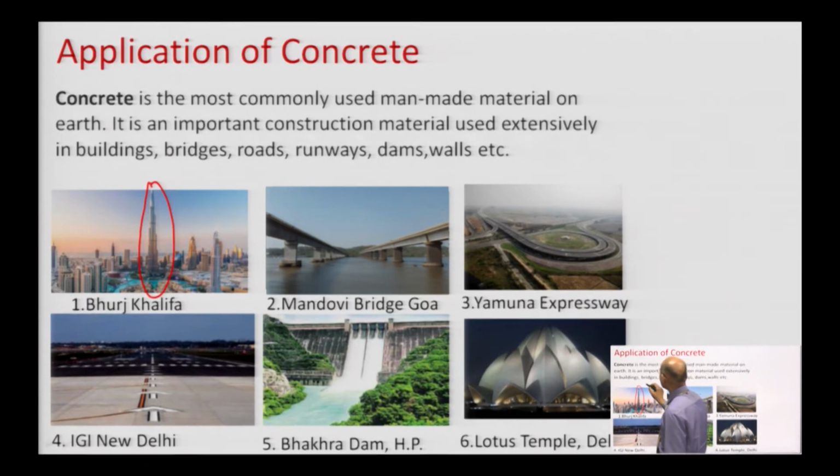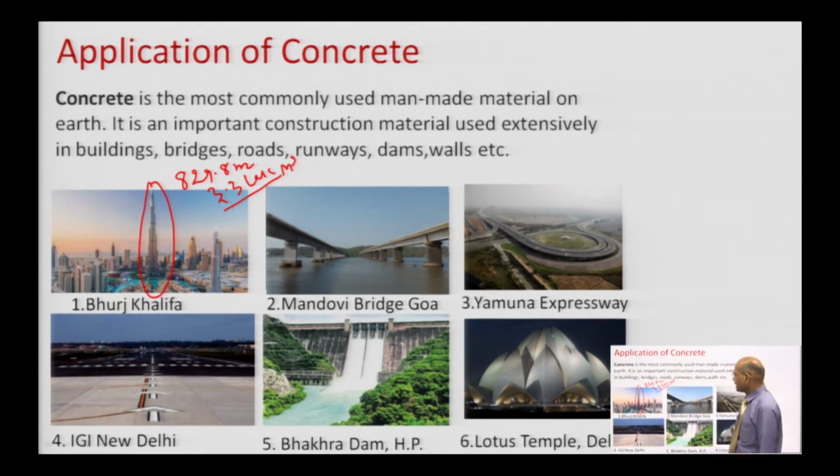Its height is approximately 829.8 meters and it consumed about 3.3 lakh cubic meters of concrete. Like this, it was possible to construct multi-story buildings of different shapes and sizes with the help of concrete.